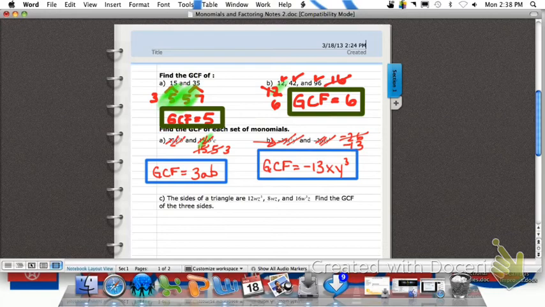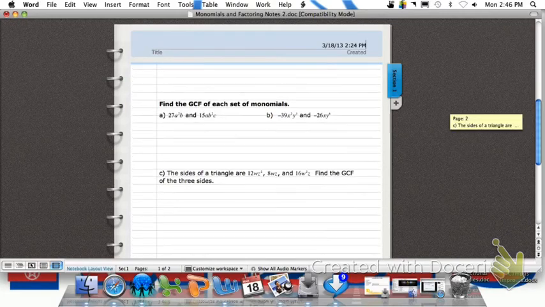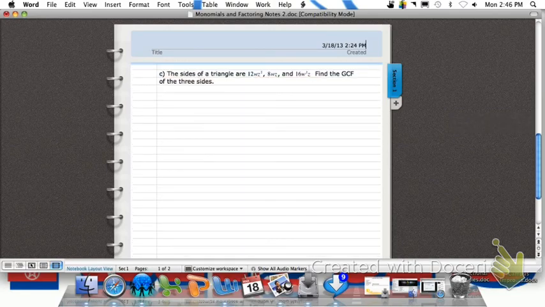All right, here's our last example. We'll go ahead and clear this and move it up. Okay, this one says the sides of a triangle are 12wz squared, 8wz, and 16w squared z.